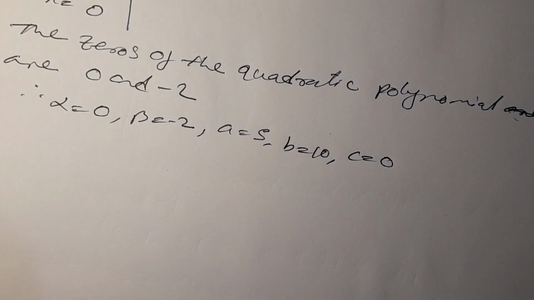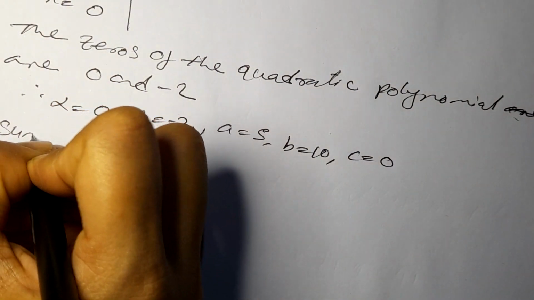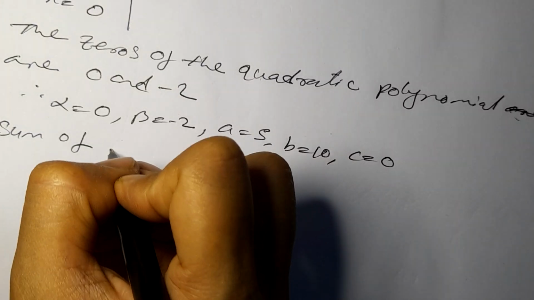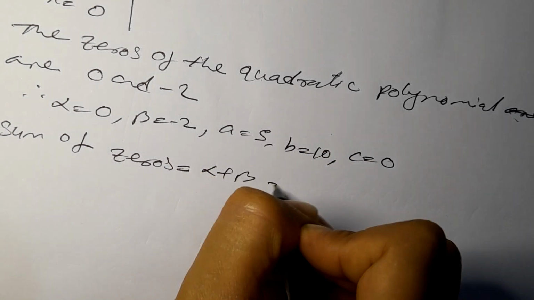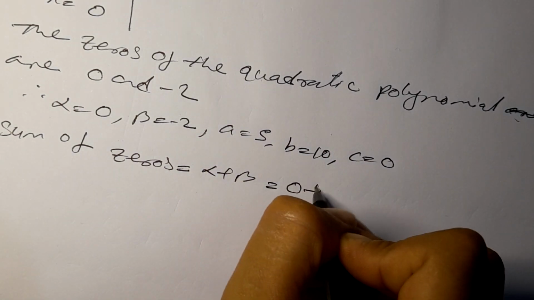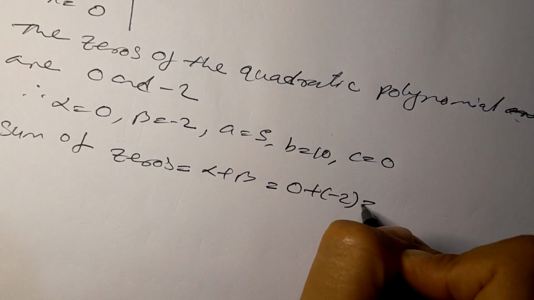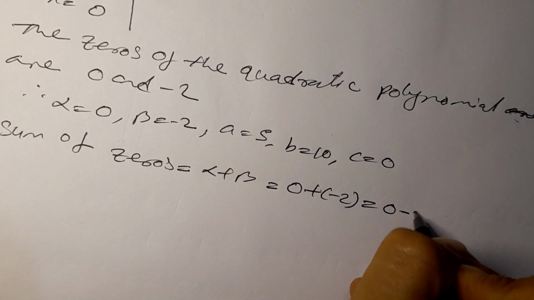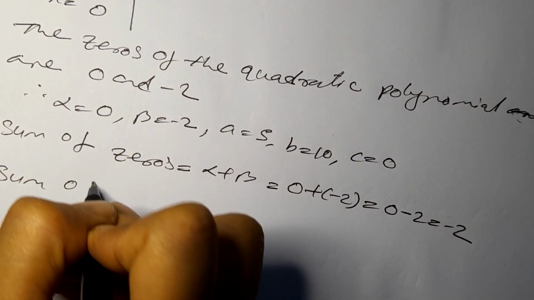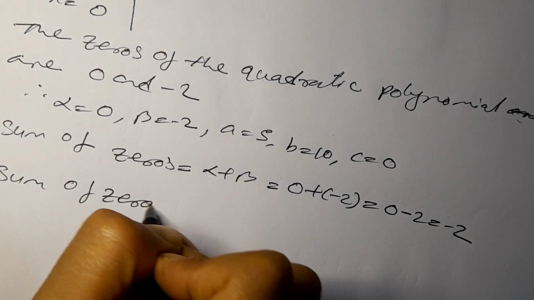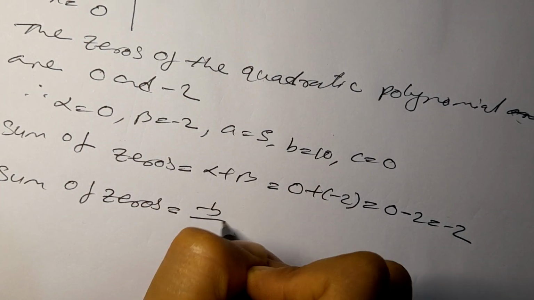Now for the verification, the sum of zeros, that is alpha plus beta. What is the value of alpha? 0, plus beta, minus 2, equal to 0 plus minus 2, so it will be minus 2. The sum of zeros is minus b by a.